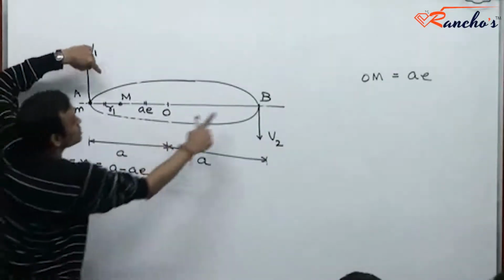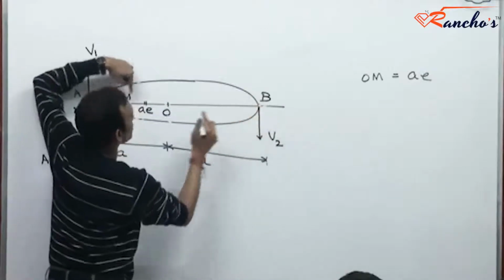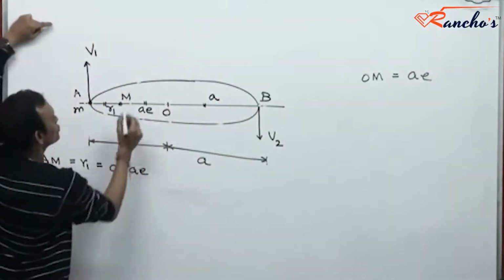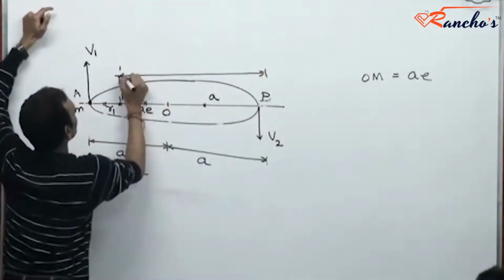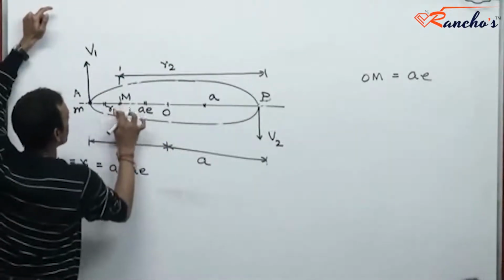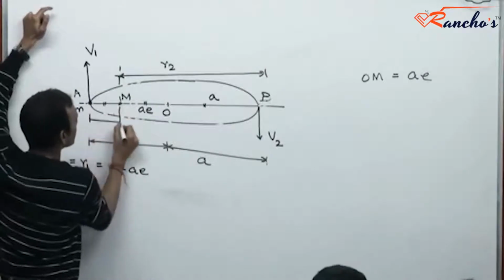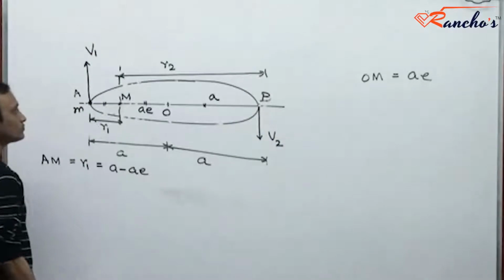Now, the distance of the apogee from this focus. This length is a and this length is ae. So we refer to this BM as r2. This is r1 and this is r2.